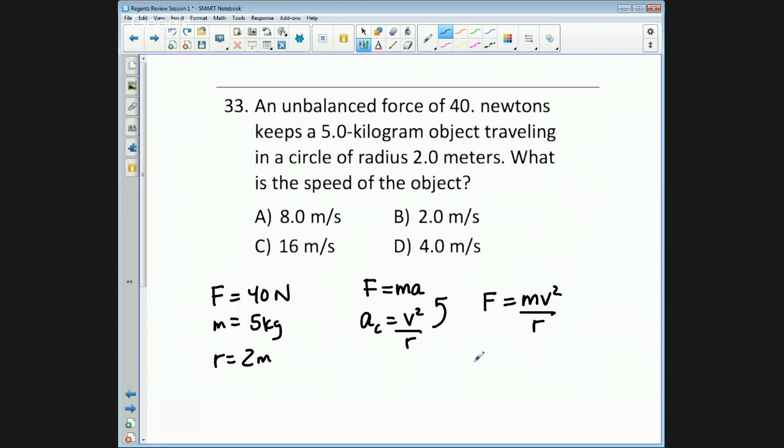And if we substitute these values, you get 40 equals 5 times v squared, which is what we're solving for, divided by 2. And so let's figure out what this is. So we get v squared equals 16, and v would equal 8 meters per second. That's our answer, A. Okay.